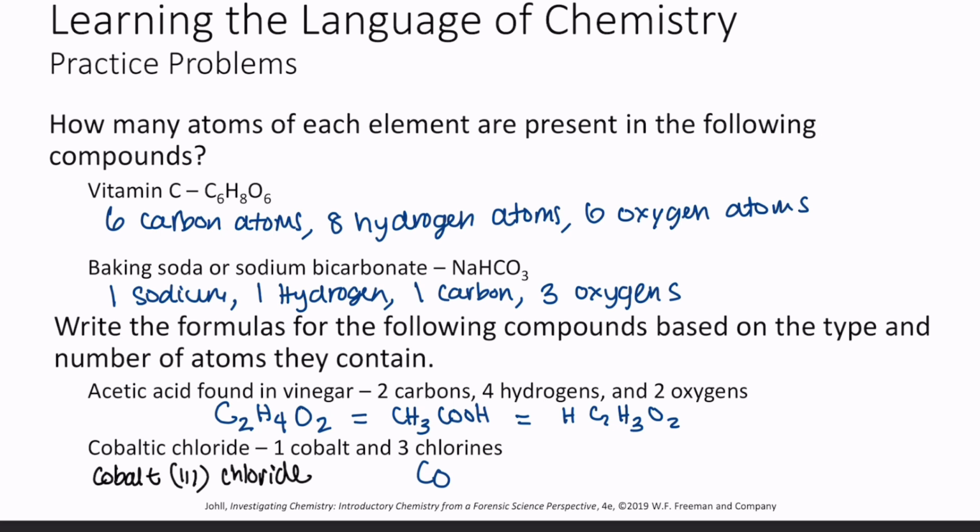And I only have one of them. Notice I don't have to write the one. And then I have three chlorines. So I look up my element symbol for chlorine. I find it to be Cl, and I need three of those. So the chemical formula for cobalt 3 chloride is CoCl3.